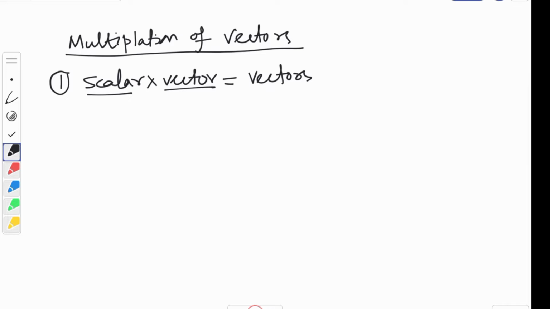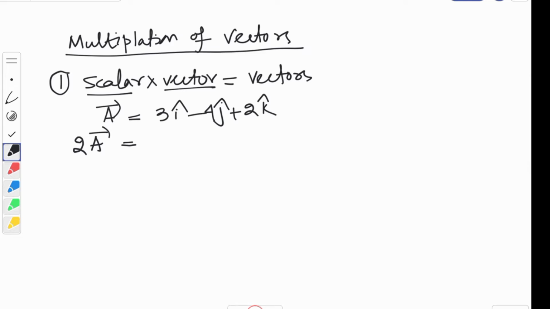Let us take an example. Suppose we take a vector A equal to 3i cap minus 4j cap plus 2k cap. Let me multiply a scalar, 2, with vector A. Then what am I going to get?